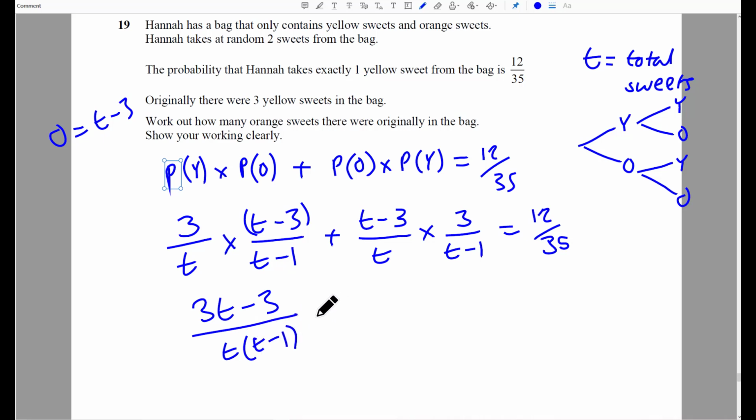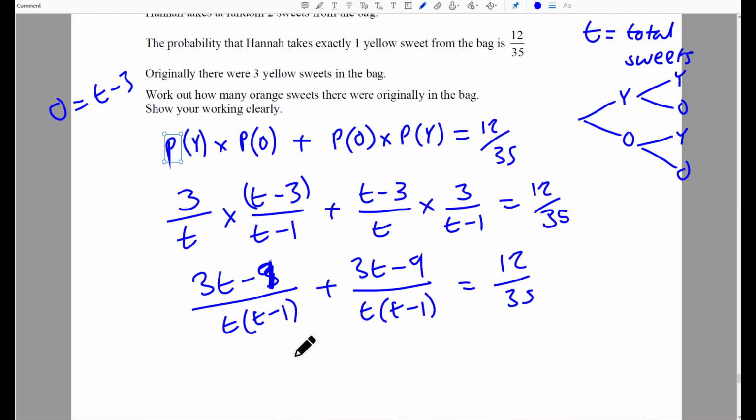You could expand it out. Plus 3t. Wait up. 3 times minus 3 is 9. 3t, yeah, minus 3 times 3 is 9 over t minus 1 equals 12 over 35.